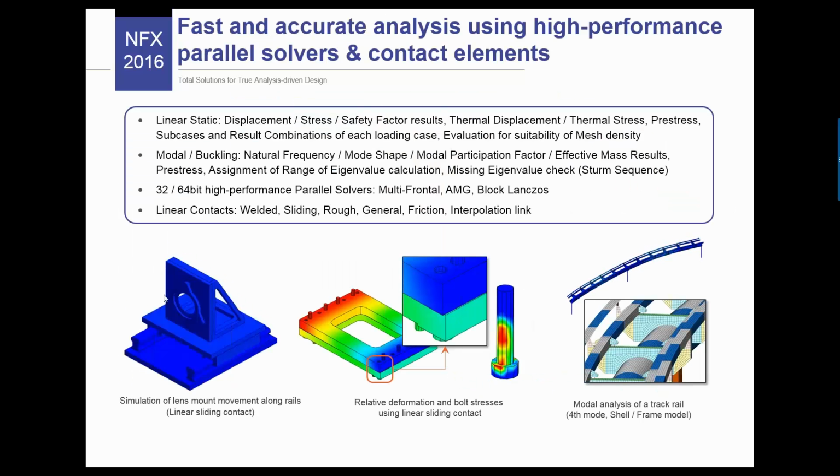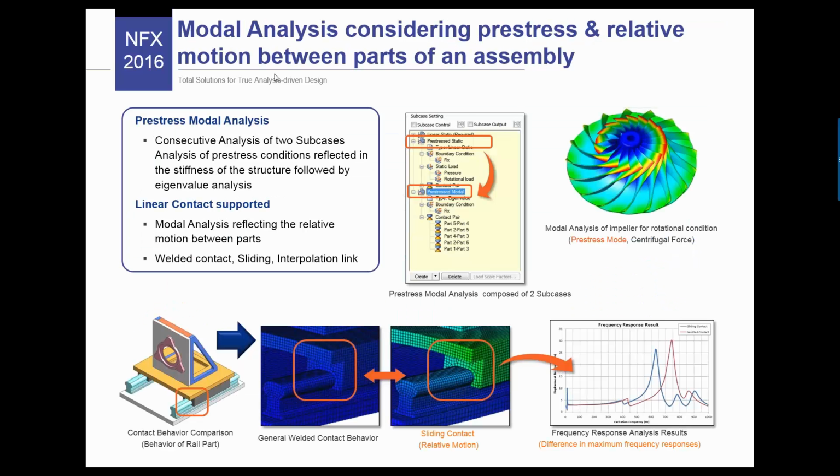In linear static analysis, for example, you have linear contacts available as well. You have welded, and you also have sliding contact, which allows a small sliding between the parts. In modal analysis, you can combine the modal with the pre-stress, for example. That's something very useful in some cases, and you can also use contacts.